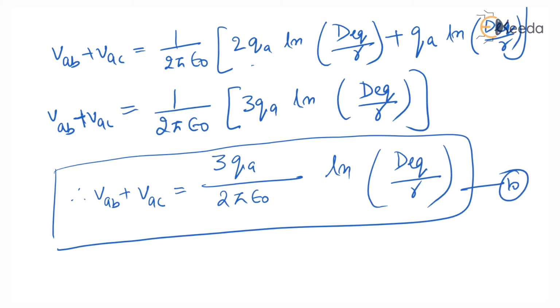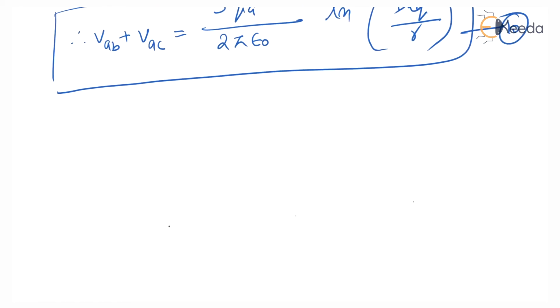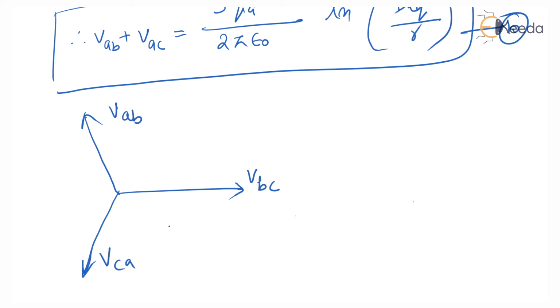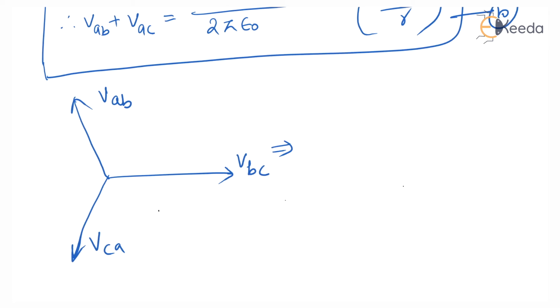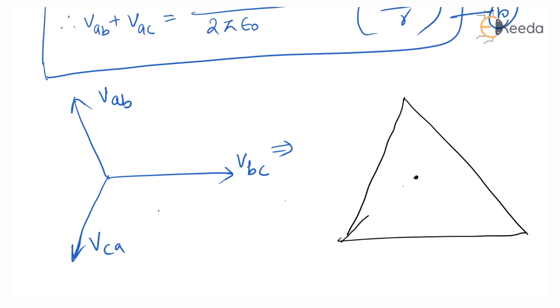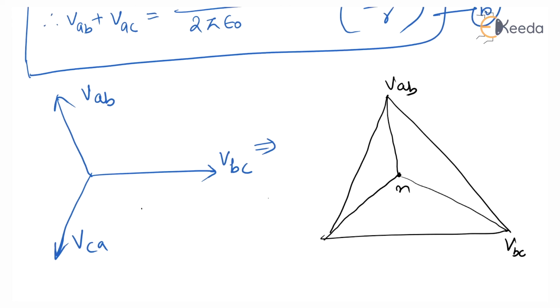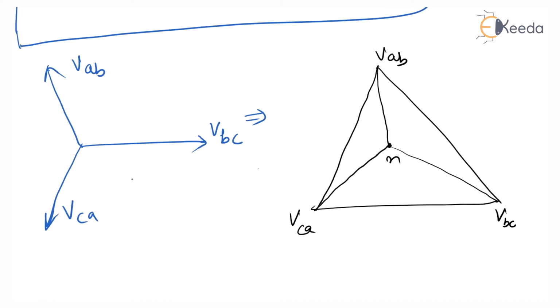So after that, make some mathematical phasor representation, because we have to calculate capacitance. This is VAB, VBC and VCA. Suppose this is neutral N. This is VAB, this is VBC and this is VCA.